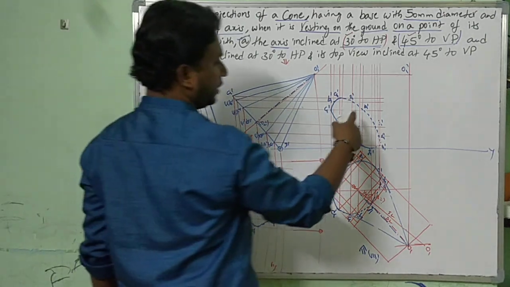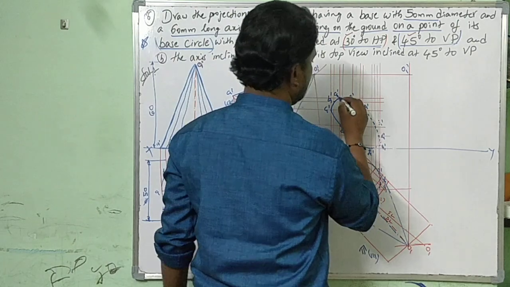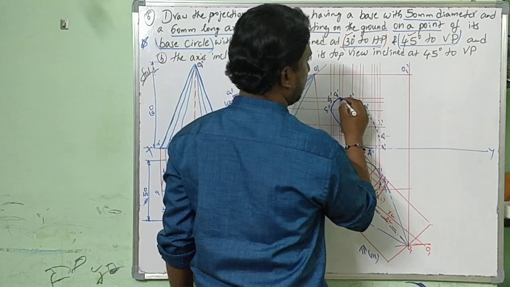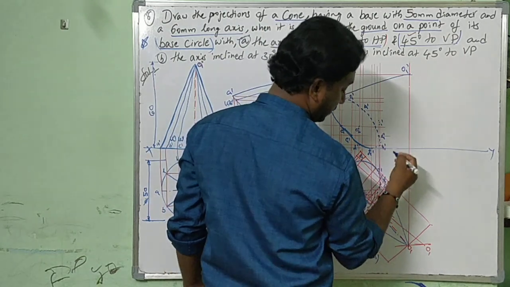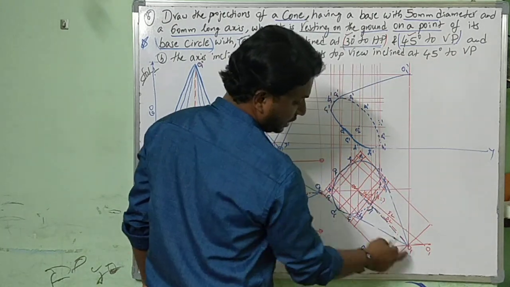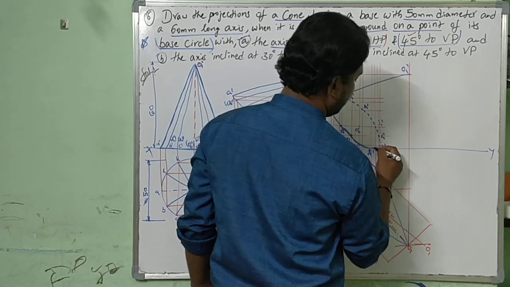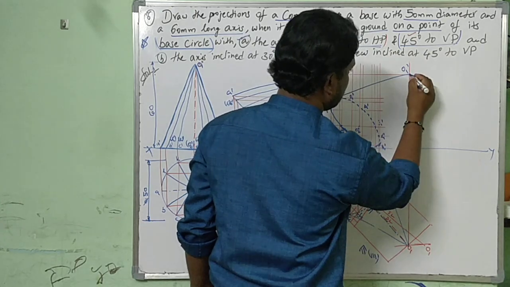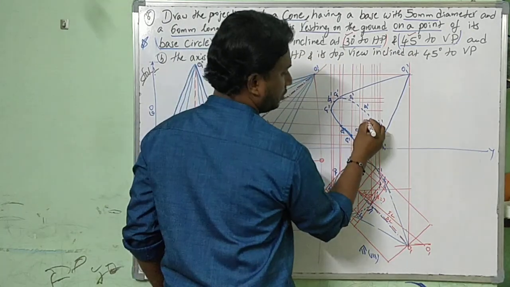See, whatever points you have here in the corner, just try to draw the corners. Here I can find the A1 dash corner, A1 dash to O1 dash. Now from here you can see G dash. Now this comes here, G dash. Boundaries. Now O to O1 axis.